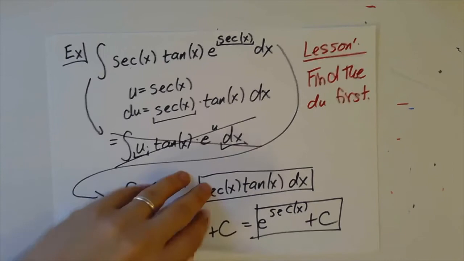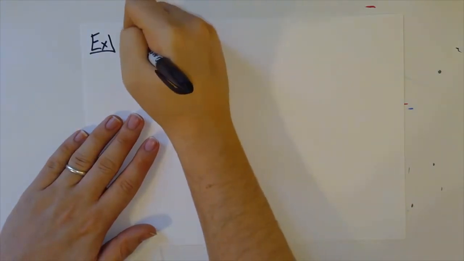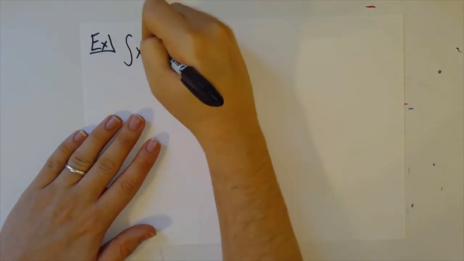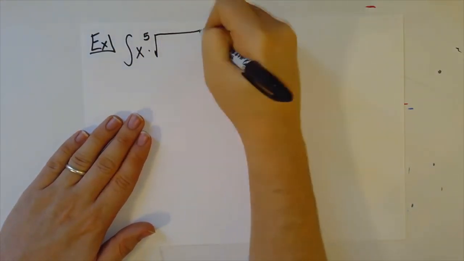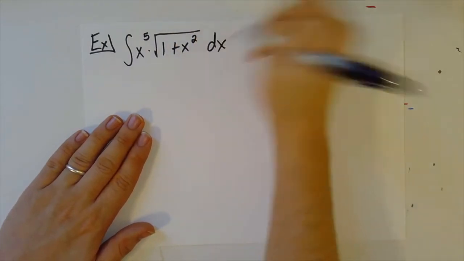Okay, I'm going to do one more example here for this video, just to show you a little bit of how flexible u-substitution can be. So I want to do the integral of x to the fifth times the square root of 1 plus x squared dx.